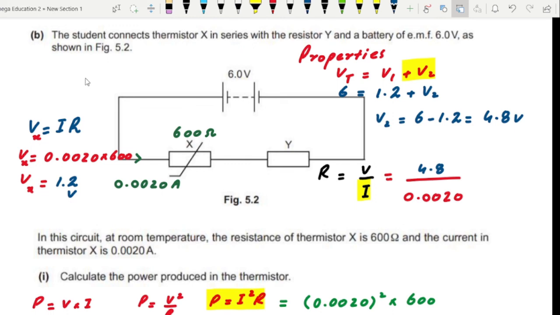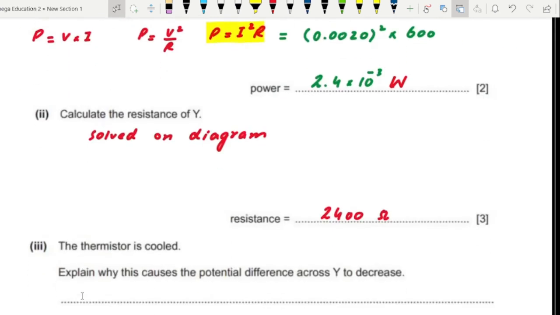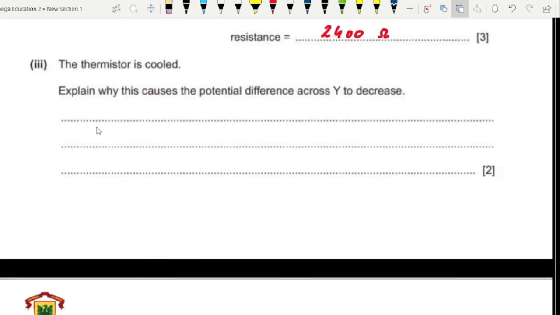If the temperature decreases for the thermistor, I'm writing over here, the temperature decreases, due to that decrease in temperature, the resistance of the thermistor would be increased. Thermistor behaves opposite to the conductors.